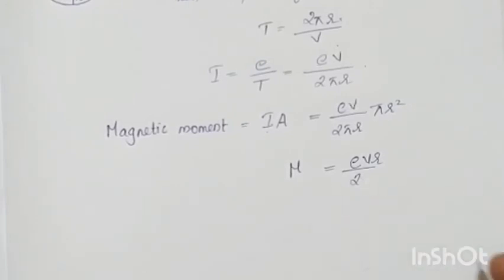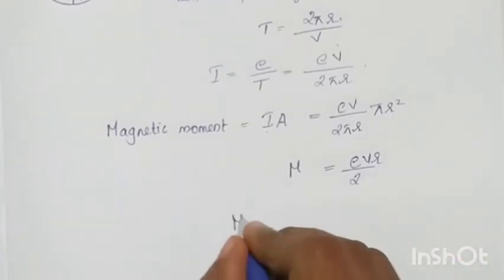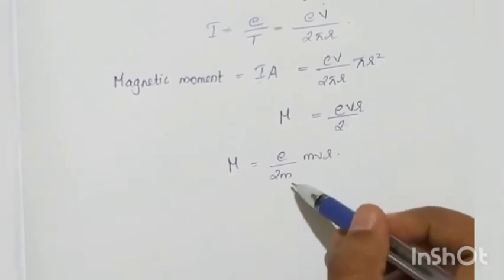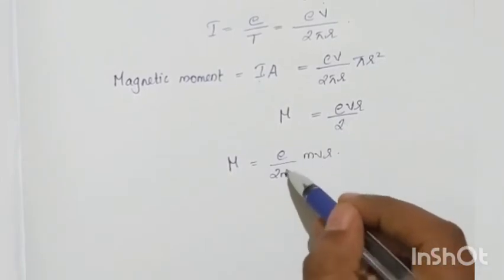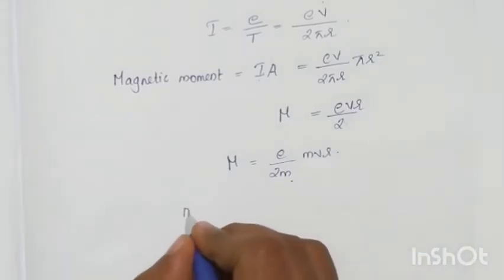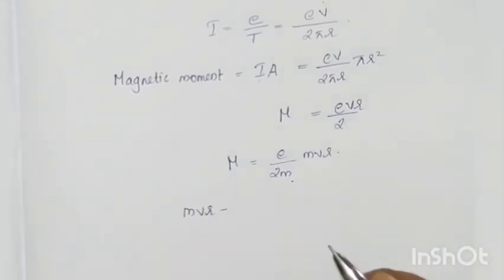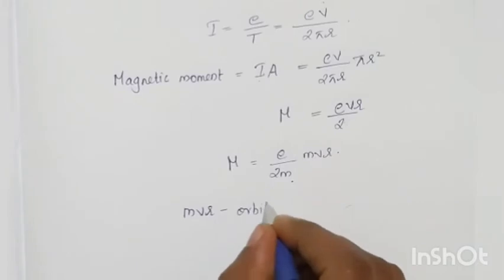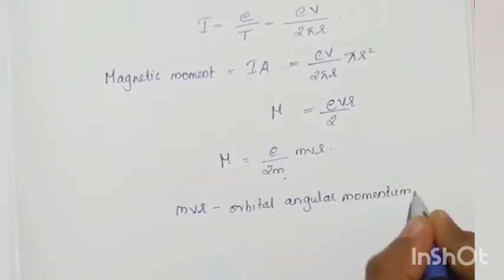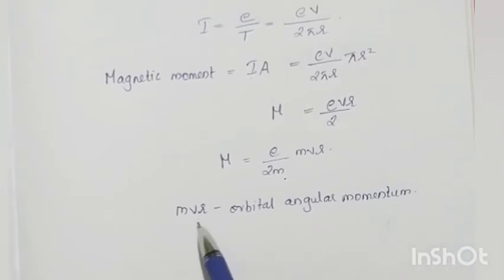And now rearranging this expression, we can write mu as, on dividing the numerator and denominator with the mass of the electron, we can rewrite the expression like this. And here the term m v r is taken as the orbital angular momentum. We know that momentum is the quantity obtained by multiplying mass into its velocity.